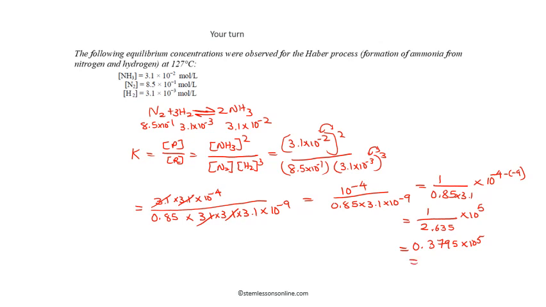I am actually trying to write in scientific notation. So 3.79, I can write how many sig figs I need, 2 sig figs. So I can actually convert that one into 2 sig figs, 3.8 times 10 to the power 4, because I'm moving the decimal. So 5 minus 1, so it will be 10 to the power 4.